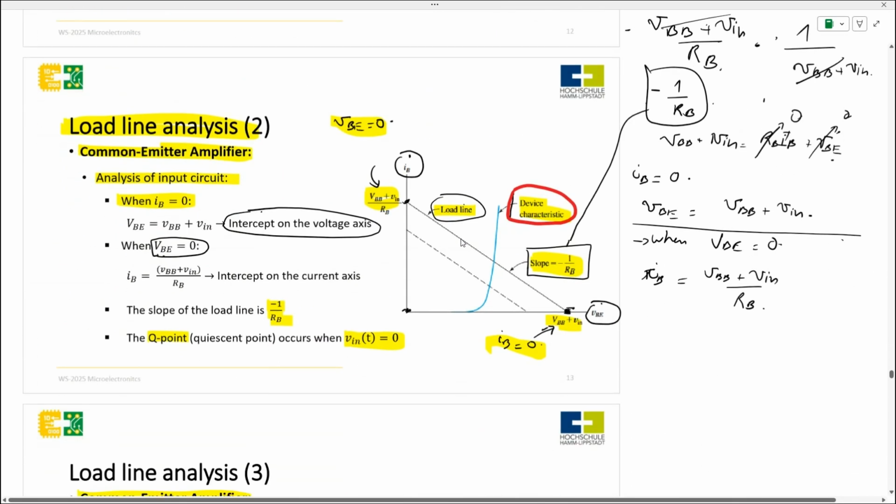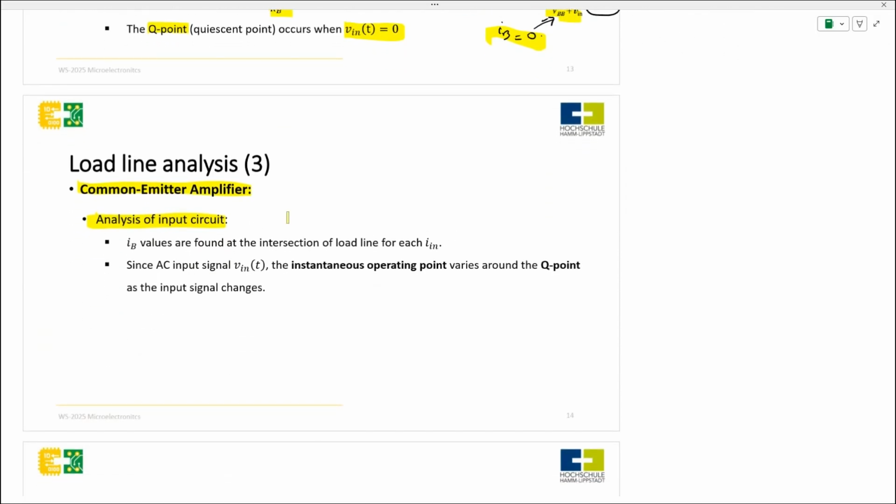Okay, so let's continue. The VBE values are found at the intersection of the load line for each Vin. Since the AC input signal Vin(t) varies, the instantaneous operating point varies around the key point as the input signal changes.